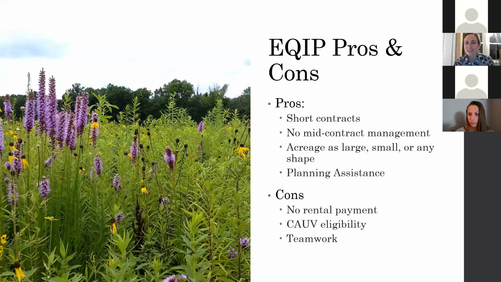So back to the pros and cons. So the pro of this program compared to CRP is that the contracts can be shorter. So if you don't want to be locked into a 15-year contract or a 10-year contract, you can consider EQIP. These contracts can run anywhere from 1 to 10 years.